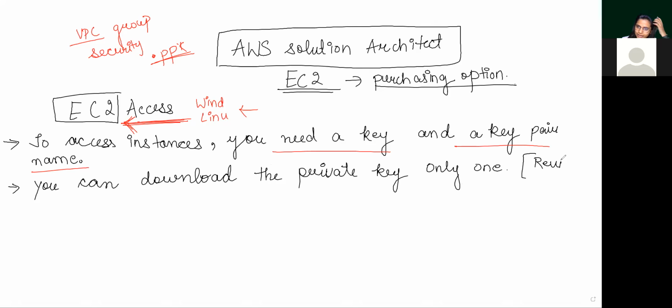At that time, they ask you to either create a new key or use an existing key. If you are creating a new key, you have to download that key to your system, and you can do this process only once. You can't download the similar key again and again. While you are creating it, at that time only you have to download it. Clear?